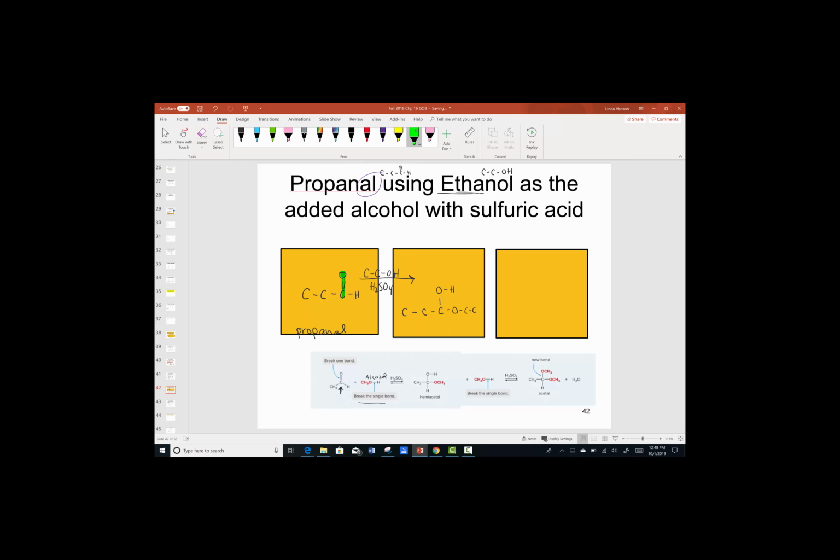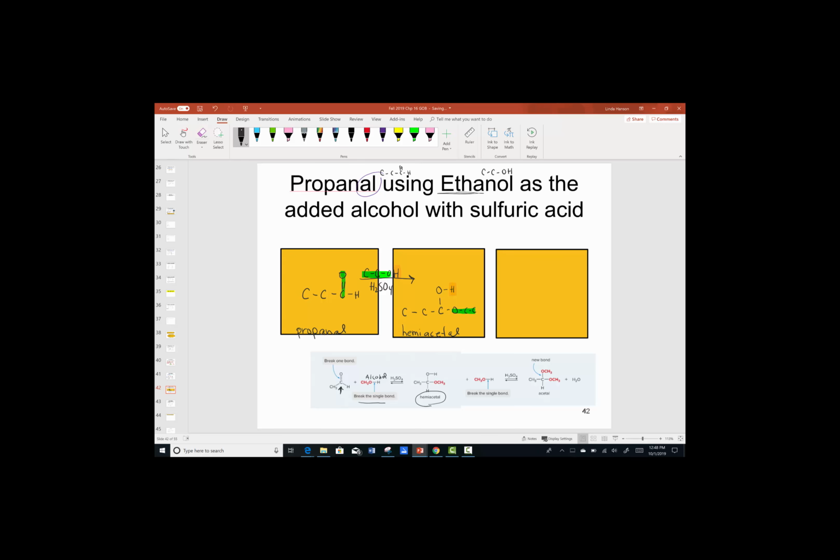So just visually, here's the OCC onto one side of the carbonyl carbon, and here is the H. It's not showing up. Here is the H from the alcohol. And the vocabulary word here is just to recognize that this is a hemiacetal. That's the first step in this conversion, is creating a hemiacetal.